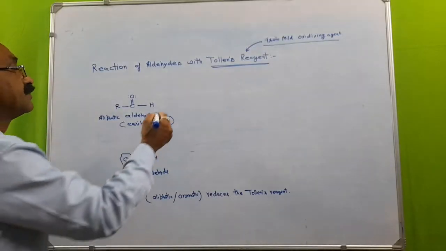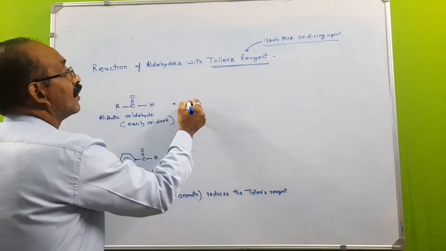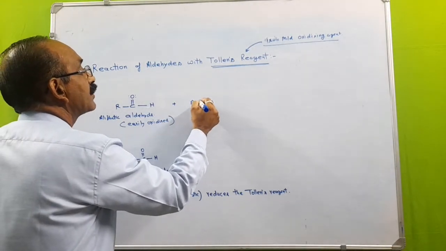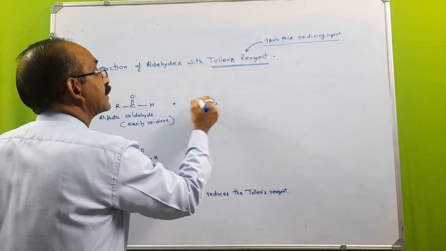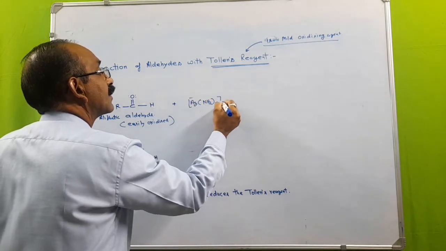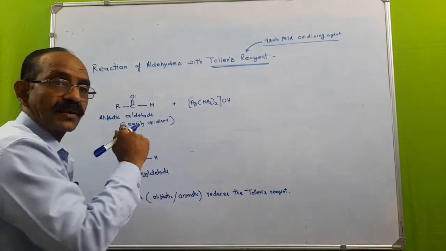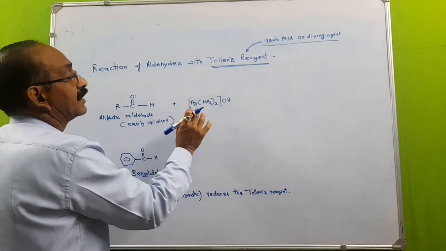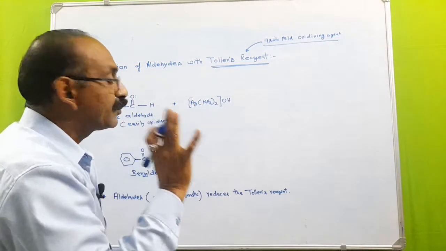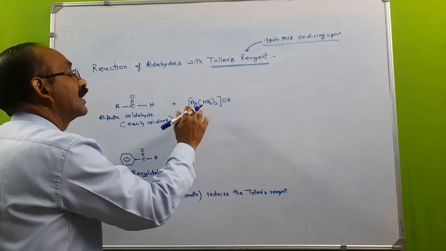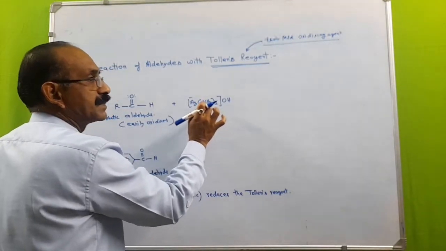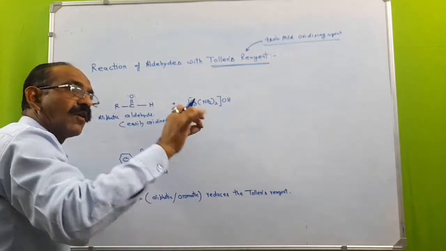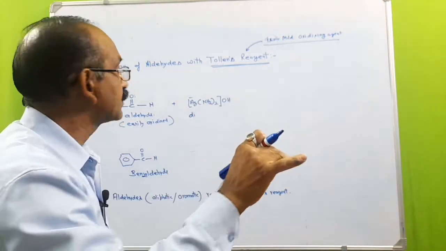See, when aldehyde is taken, now we are adding here a Tollen's reagent. This one is the Tollen's reagent. Here, the IUPAC name of the Tollen's reagent is, it is here the active species or the complex which is formed by the addition of the NH4OH.